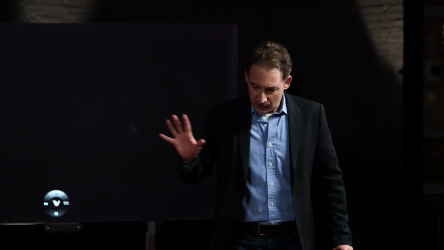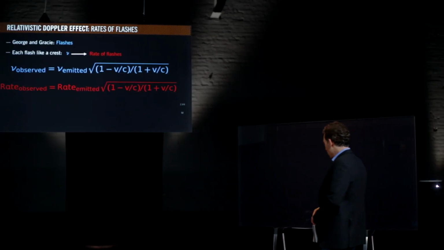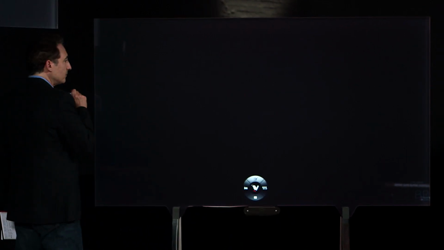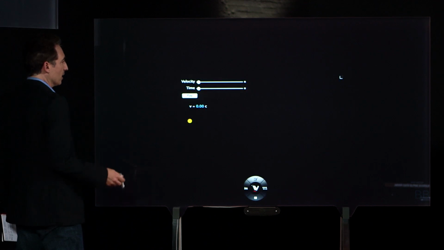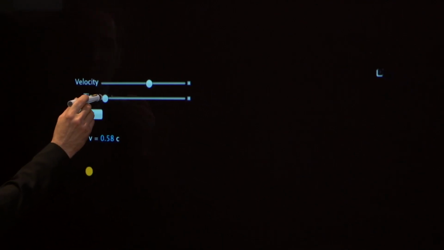So that gives you a good sense of how the relativistic Doppler effect can be reinterpreted as giving us an understanding of the rate at which flashes are emitted versus how they are received. You should play around with a little demonstration over here where you can basically do a version of the animation that I just showed you.